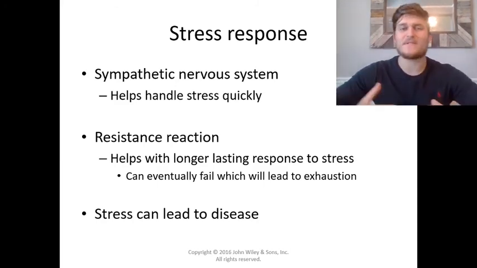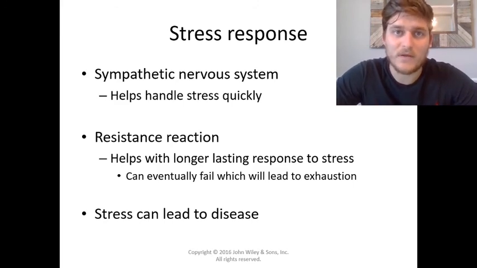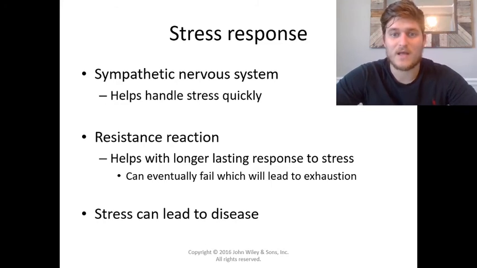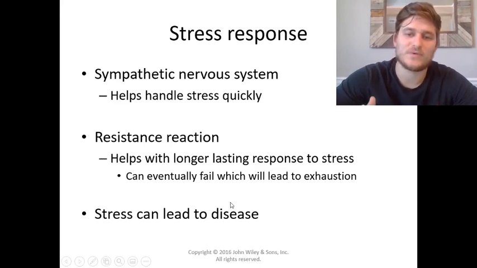But what happens is that if these hormones are secreted over long periods of time, we can have what's called the exhaustion phase. And these hormones that are released during this stressful response are going to lead to breakdown. That can impact the body's immune response, and again, lead to exhaustion.